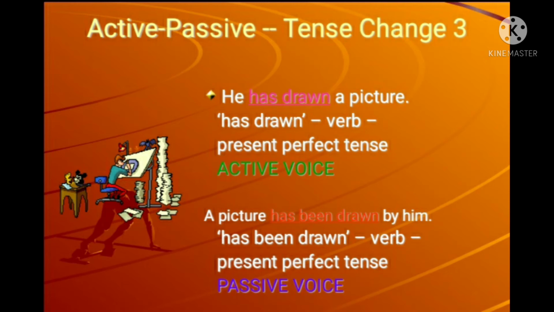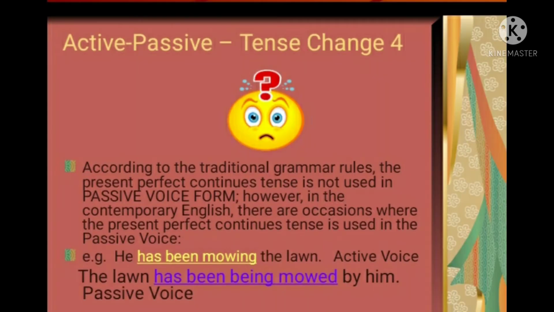Has been drawn is the verb and the tense form is the present perfect tense only. Okay, therefore we see whatever tense form is in the active voice, children, it has to be continued even in the passive voice. Let us go to the next example.